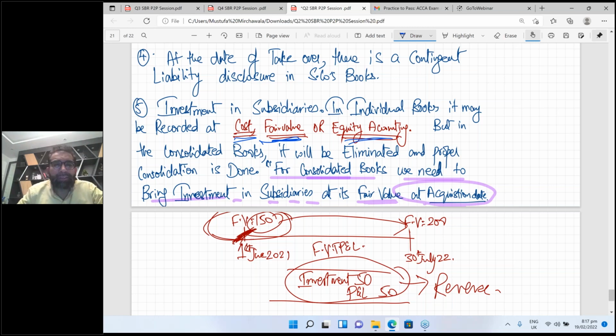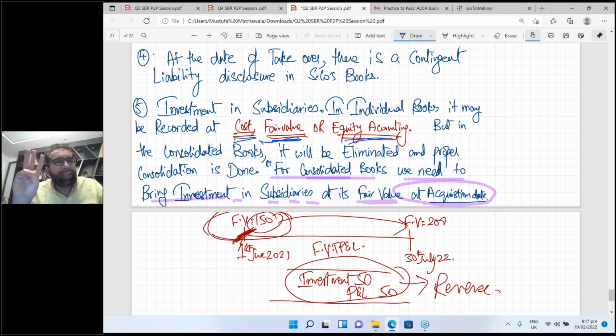You remember? So for consolidated books we need to bring investment in subsidiaries at its fair value at acquisition date. This is a technical thing, I'll repeat it. First relax, first read it. I repeat, in the individual books of parent company, you can record investment in subsidiary at cost, yes it is allowed, or at fair value, this is also allowed, or you can do equity accounting.